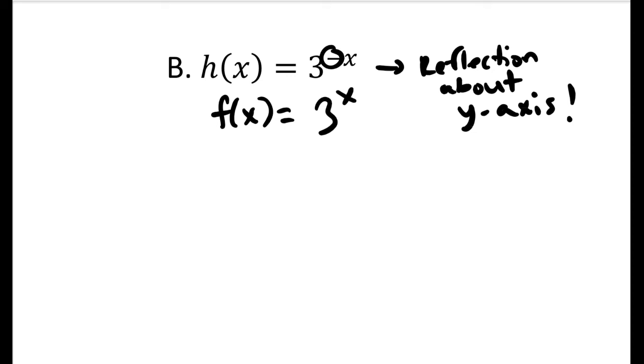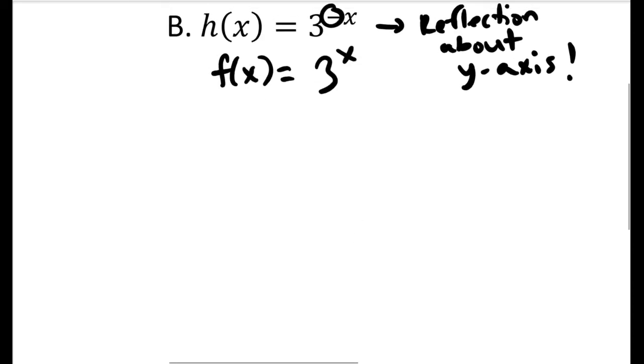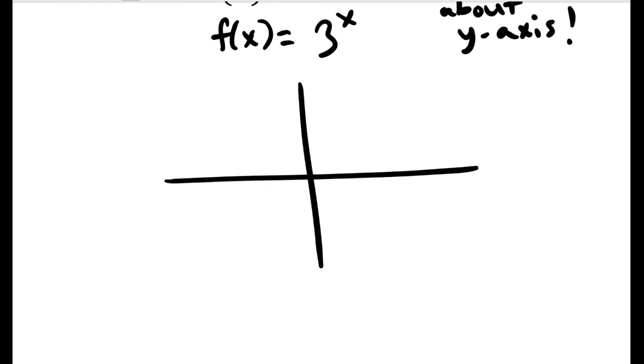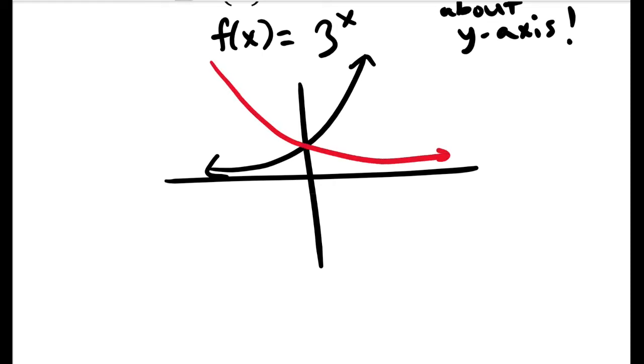All right. So since it's a reflection about y, all we have to do is draw the parent function, which looks like this, and reflect it about the y. So it looks something like that. Now normally when x is 1, this is going to be 1, but when x is 1, y is going to be 3.